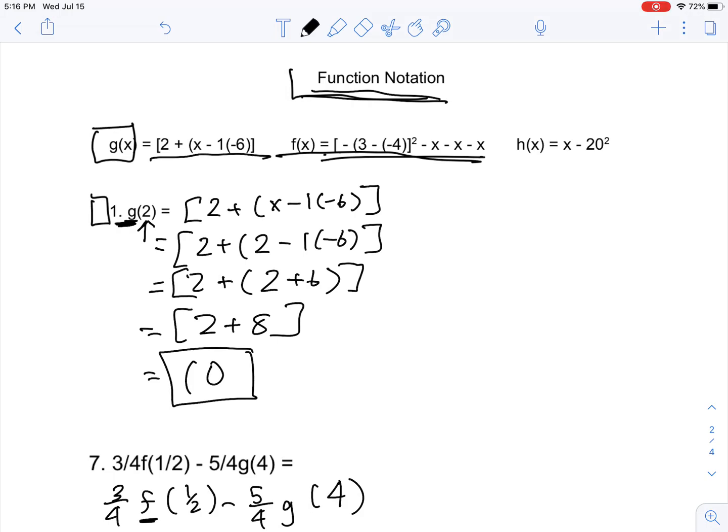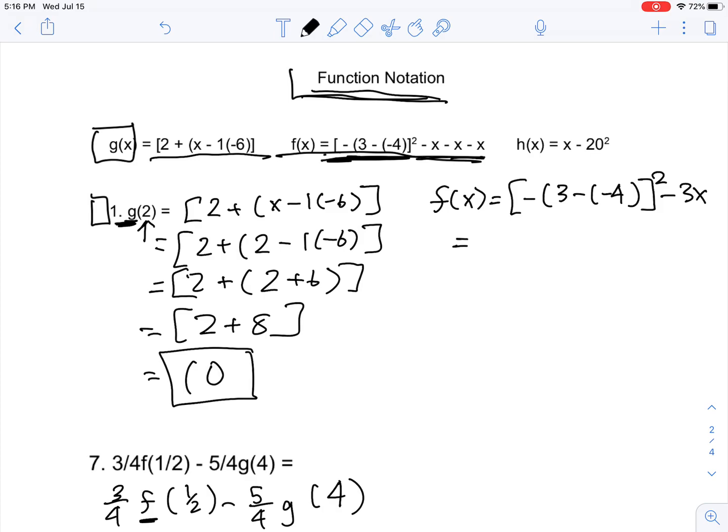Now we can see here that function f is hard to decipher because there's these 3 negative x's, and we can simplify this component of the equation. So what we can do is write down f of x is equal to negative 3 minus negative 4 squared minus 3x, because that's just 3 negative x's.